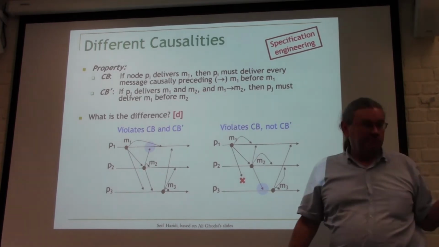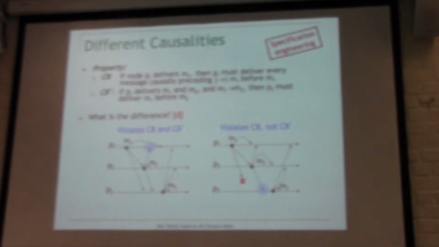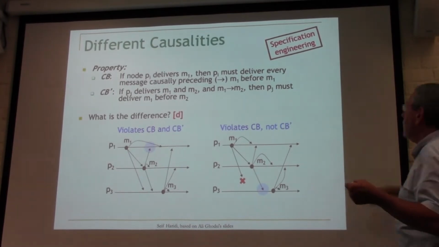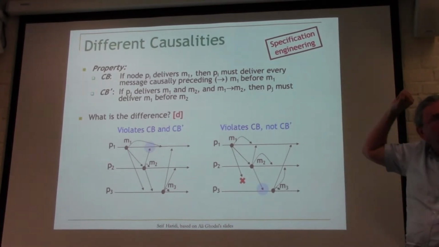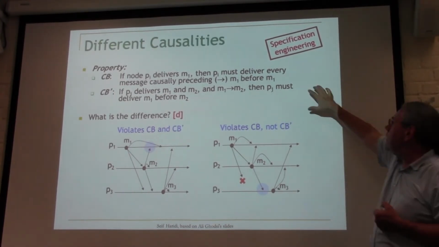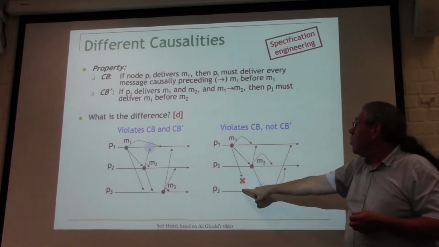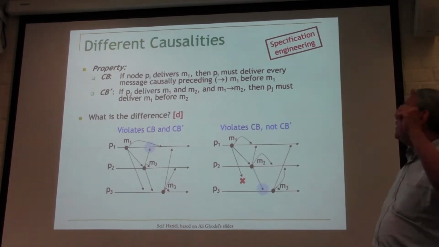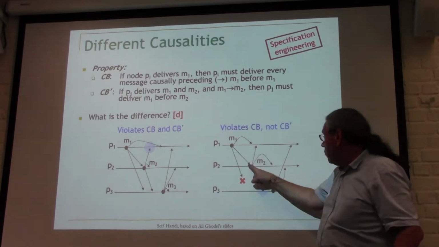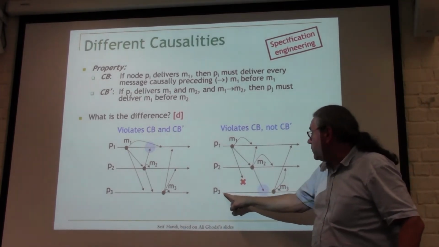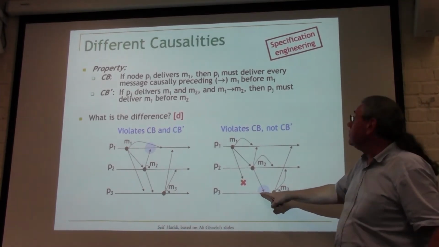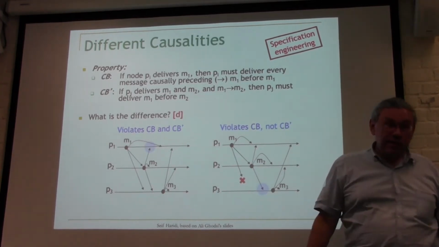So that's kind of not good. CB prime is actually not that good then, huh? This doesn't really care about lost messages, whereas CB does care. Whenever you deliver one message, all the causally preceding ones have to be delivered too. So CB really cares, huh?